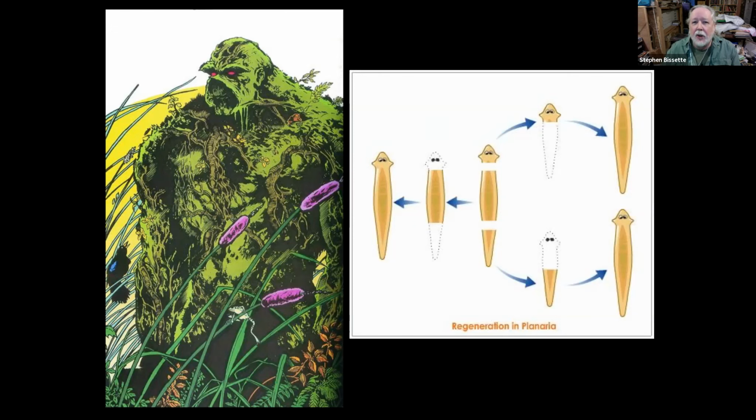In doing so, Alan not only resurrected and reanimated a comics character that had been through a number of deaths and resurrections, he also reinterpreted the origins of Swamp Thing with this metaphor.